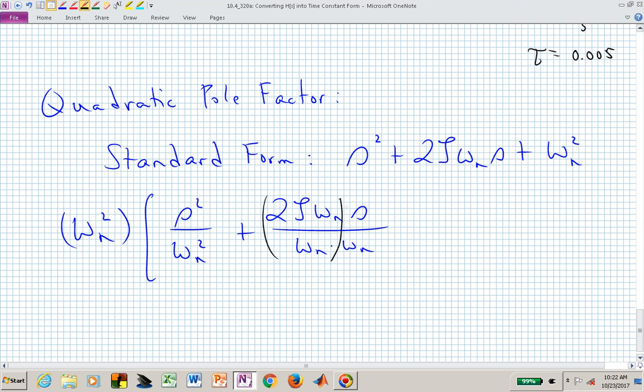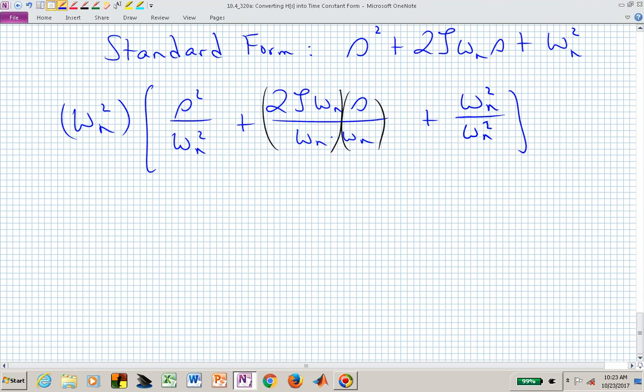We'll have this piece and that piece in the next step, plus omega sub n squared. I'm just trying to show you where this different structure comes from, and it might appear like it's magic, but it really is not.